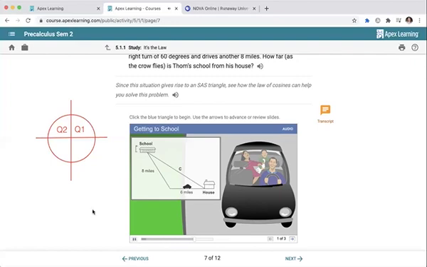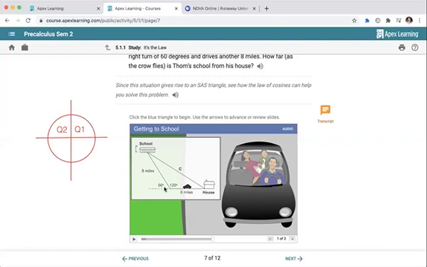After 6 miles, you know that Tom turned right 60 degrees. Thus, the supplementary angle must be 120 degrees. Remember, when you add both of these together, if they make a straight line, both of these angles have to equal 180.